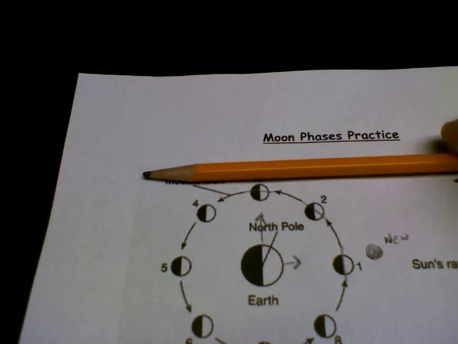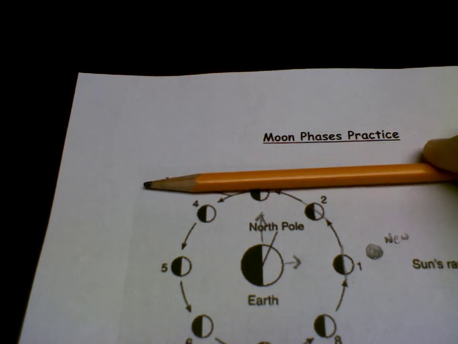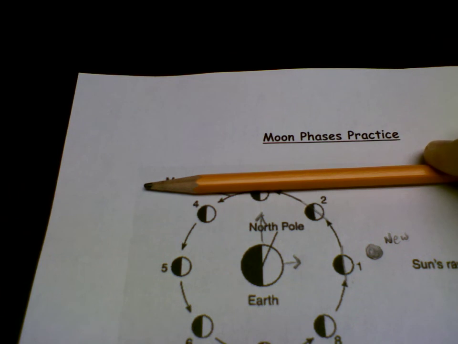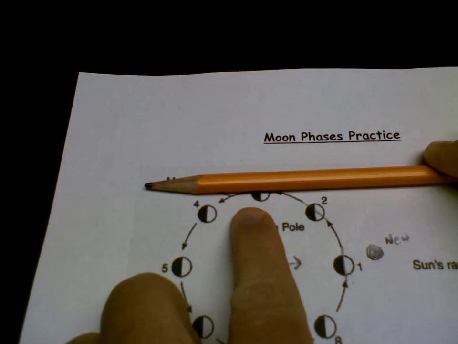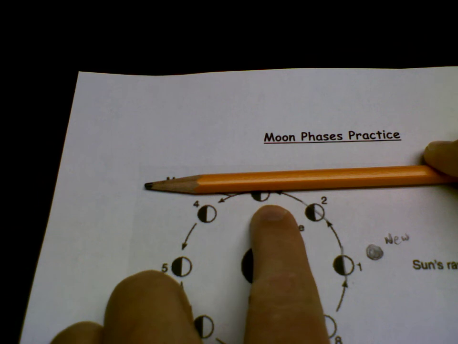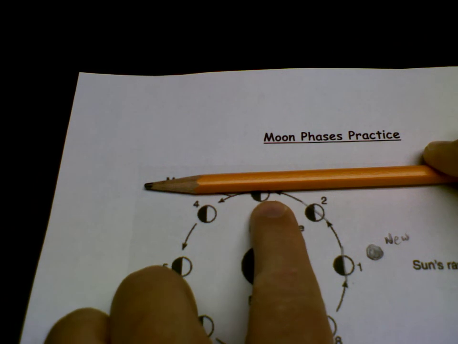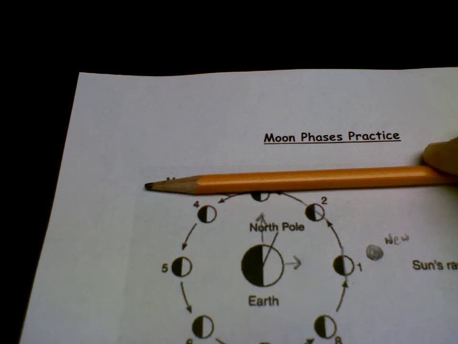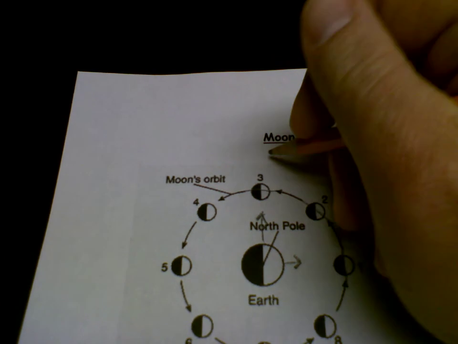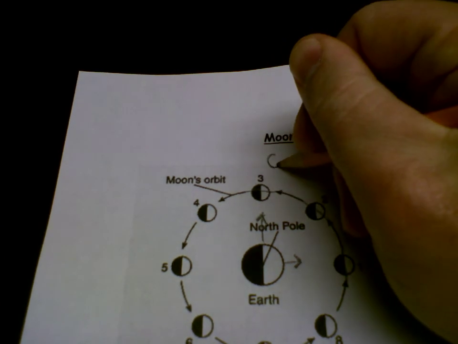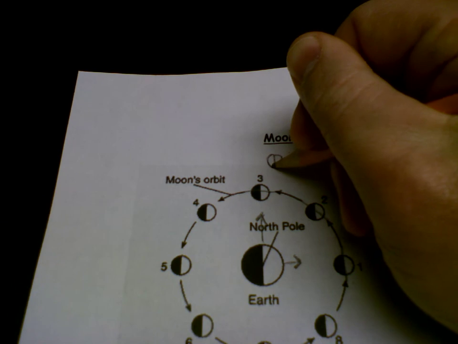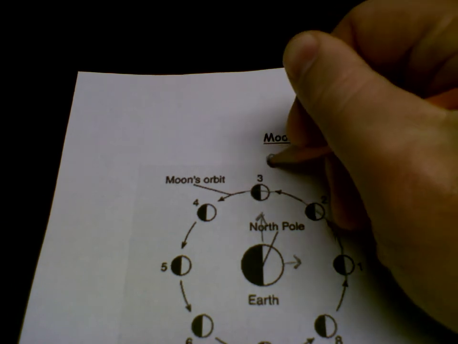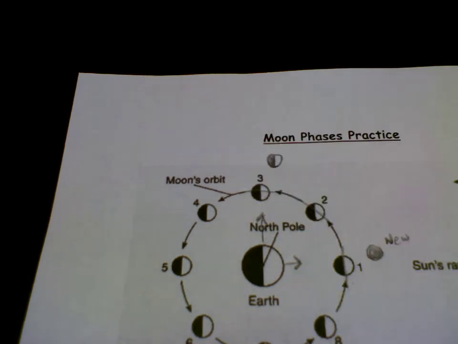So now I'm going to cover the half of the moon I can't see, and I say to myself, what percentage does it look like I can see? It looks to me like it's 50% dark, 50% light, and it's lit on the right. So this would look like exactly what we're looking at, a half moon lit up on the right.